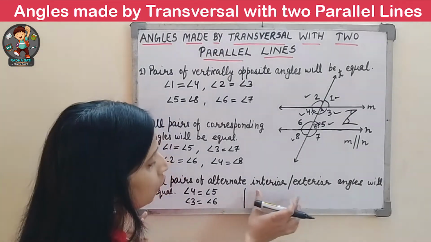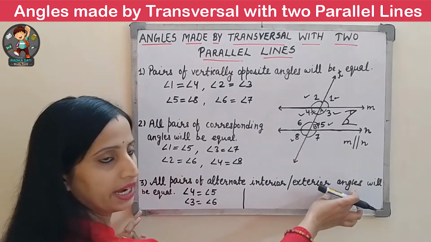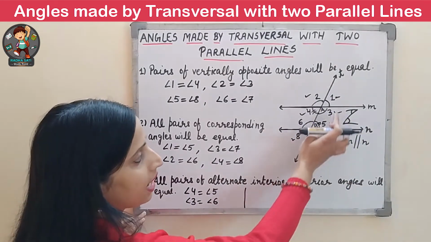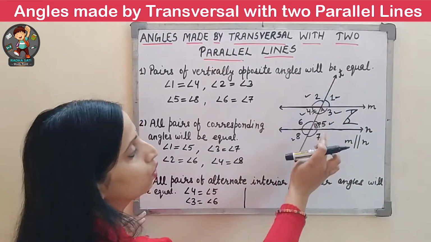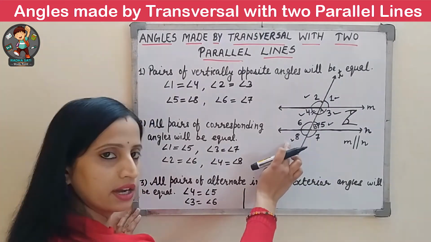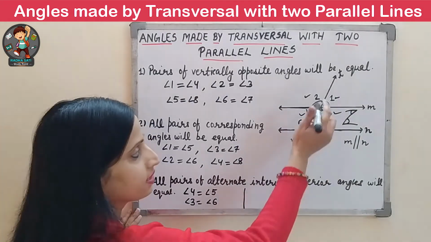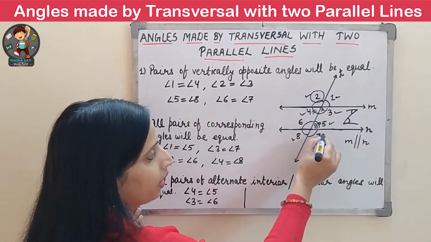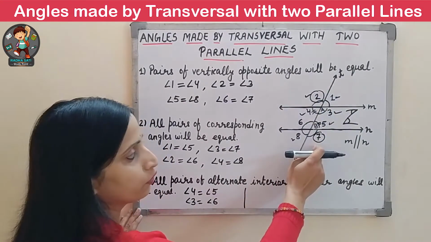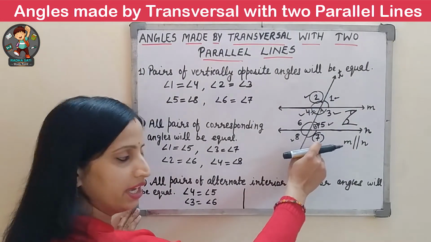Now we will talk about alternate exterior angles. Here the exterior angles are angle 1, angle 2, angle 7 and angle 8. The first pair of alternate exterior angles will be angle 2 and angle 7 and they both will be equal to each other.